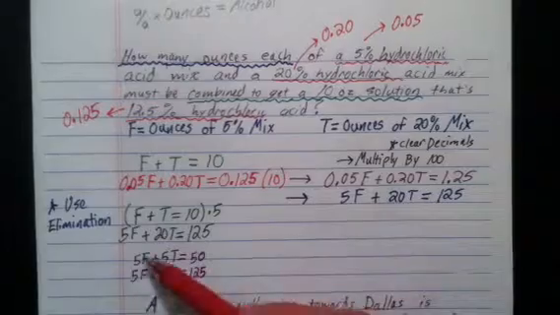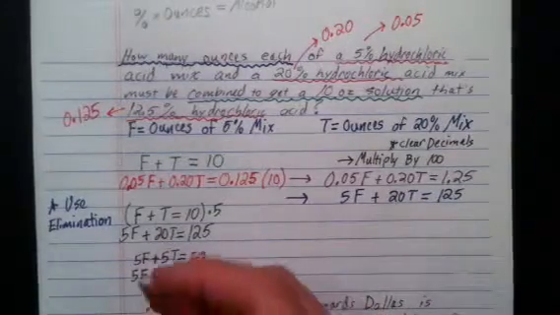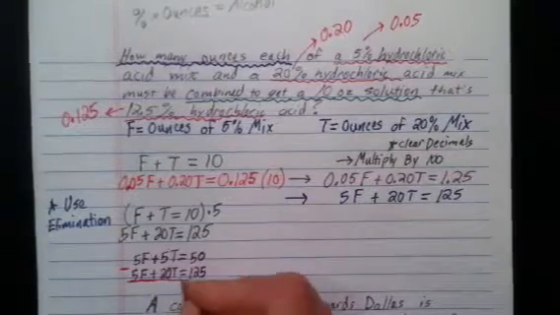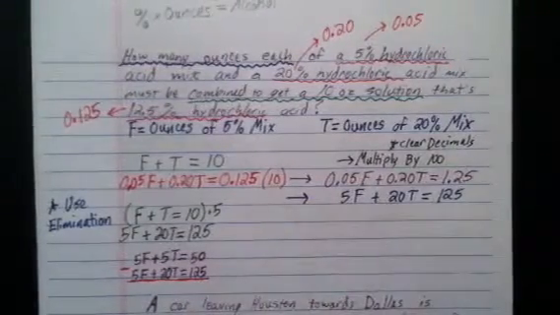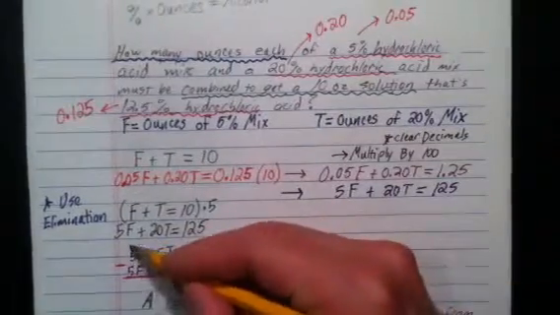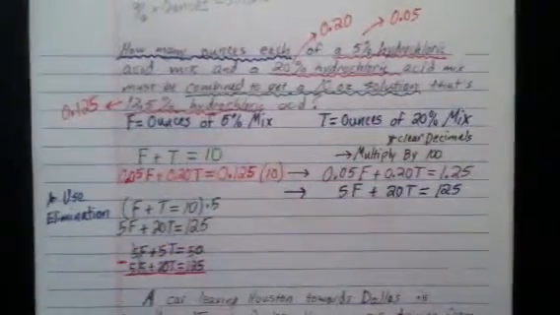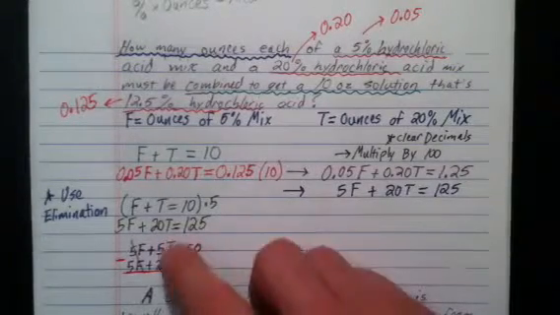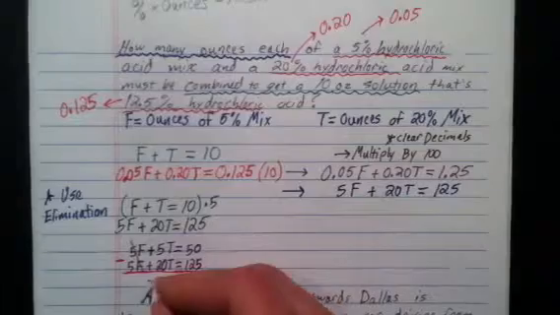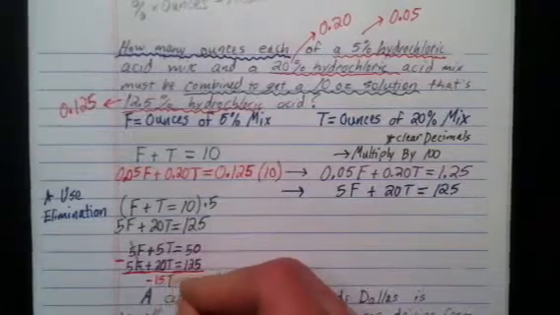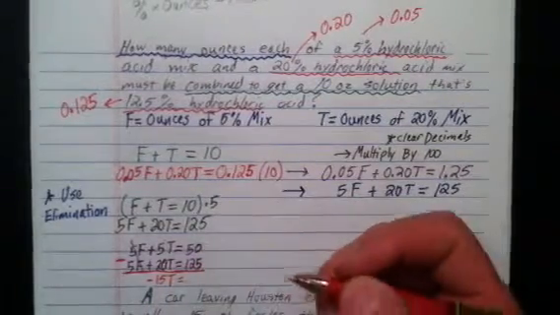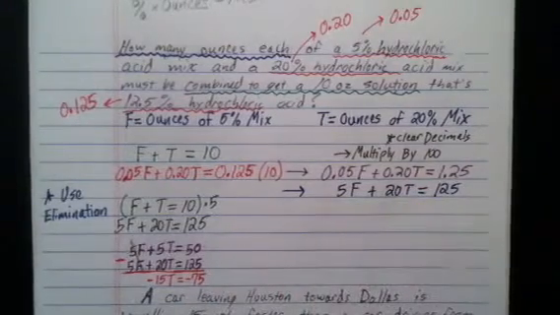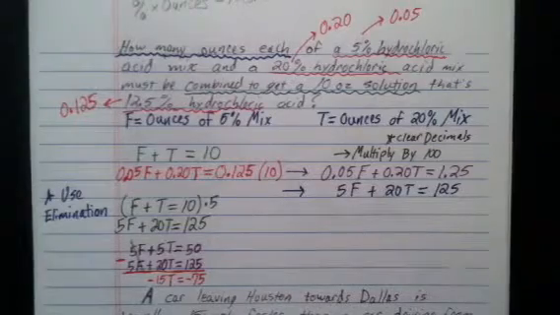And now that those two equations match up, the F terms match each other, to cancel them we'd have to subtract. Okay. When you have the exact same terms, you subtract to cancel those out. So the F terms would cancel. 5 minus 20 would give us a negative 15T here, and then 50 minus 125 would give us a negative 75 here.